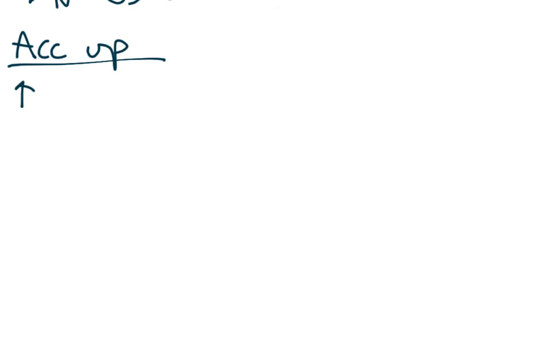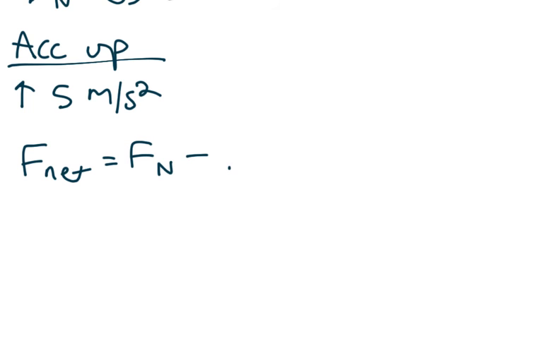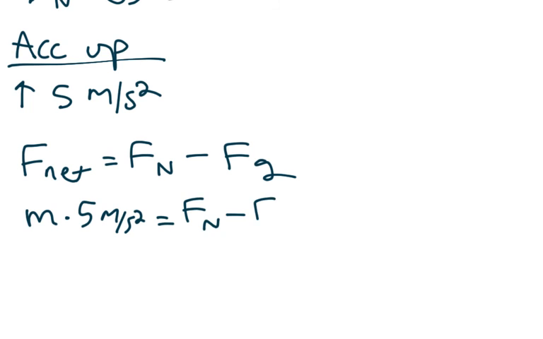Let's say we're accelerating up with, again, 5 meters per second squared. Same deal, except now up wins. So I'm going to say that the net force is equal to the normal force minus the gravitational force. So the mass of this person times the net acceleration, 5 meters per second squared, equals normal force minus the gravitational force.